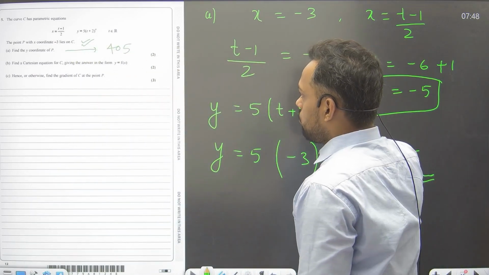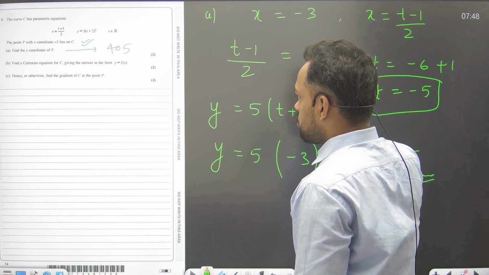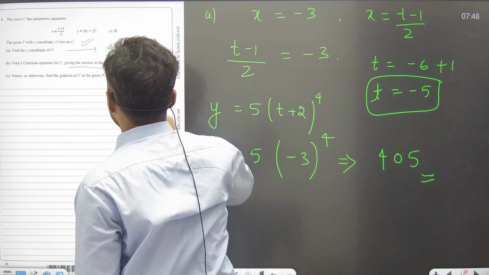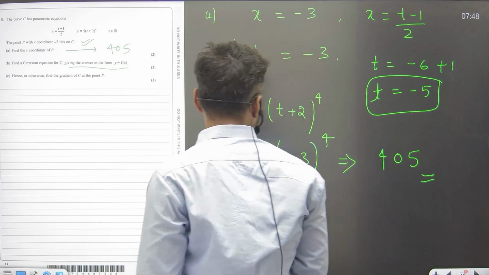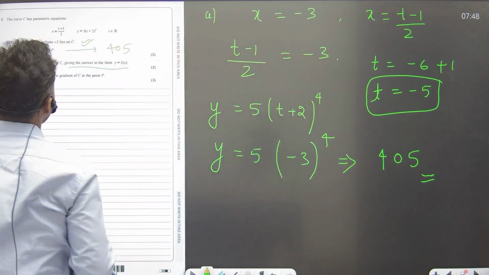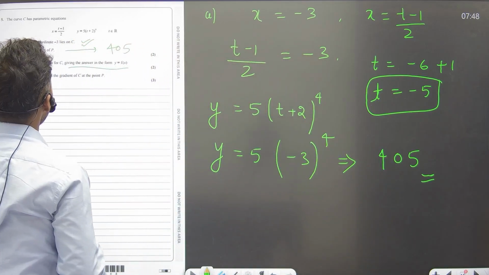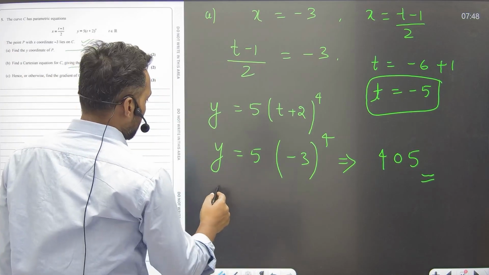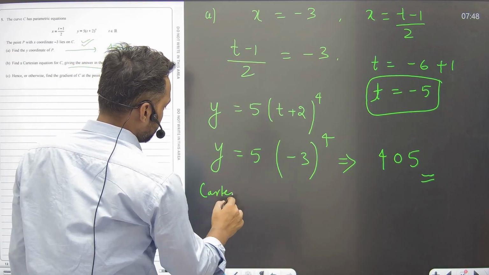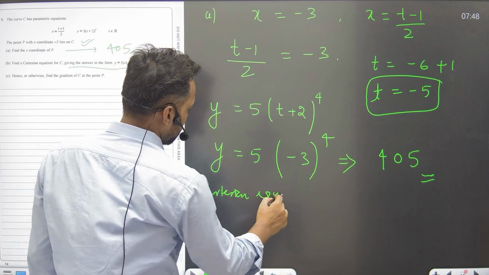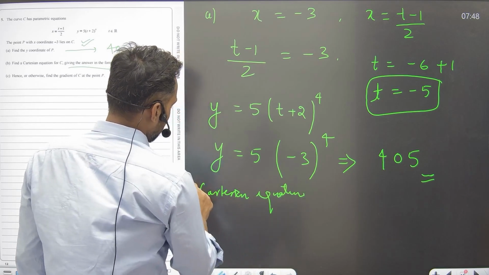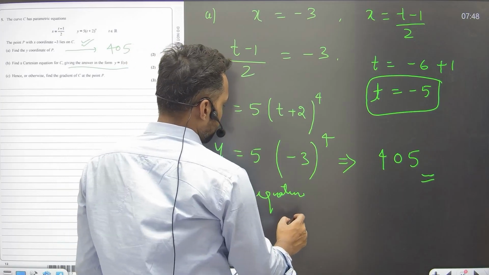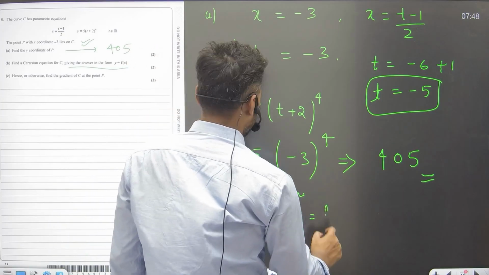Now what we need to do, we need to find the Cartesian equation for C giving the answer in the form y equals f(x). So the Cartesian equation will be, for the b part, given by y equals f(x).